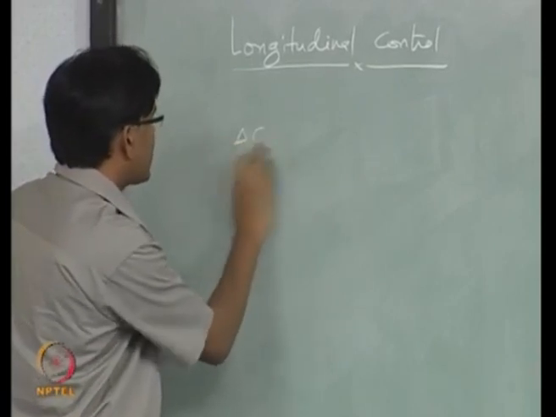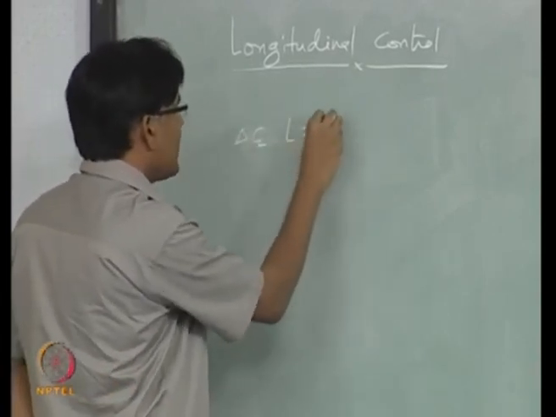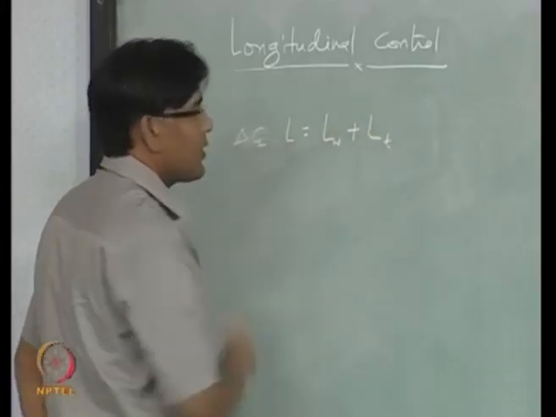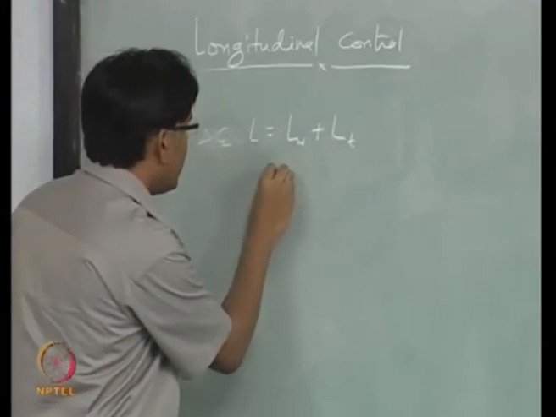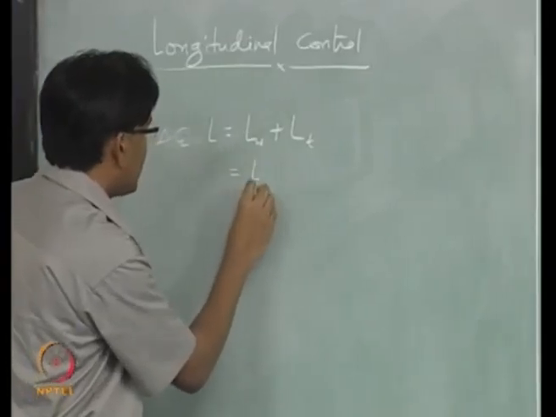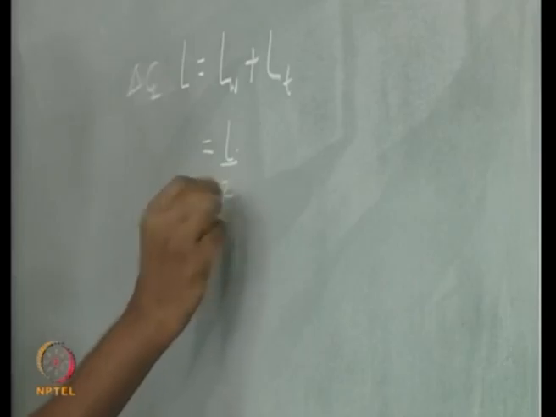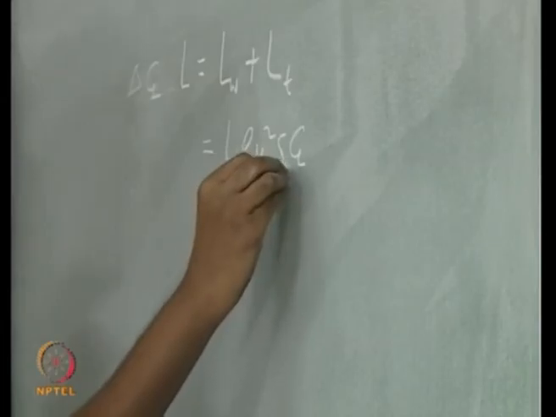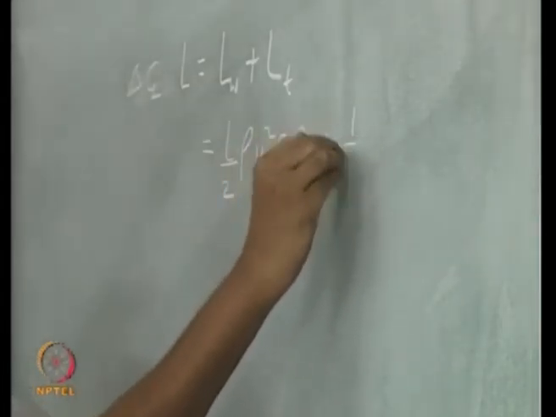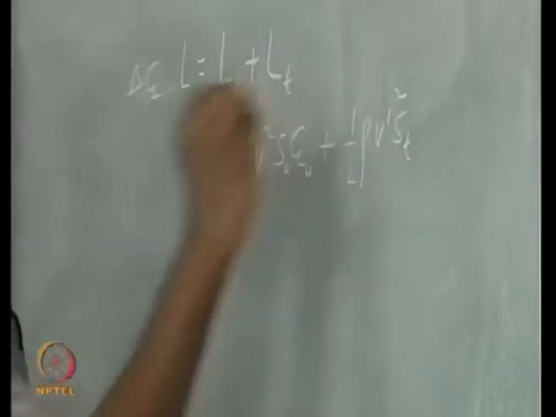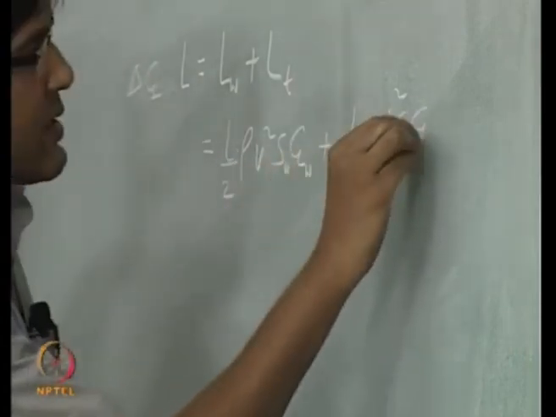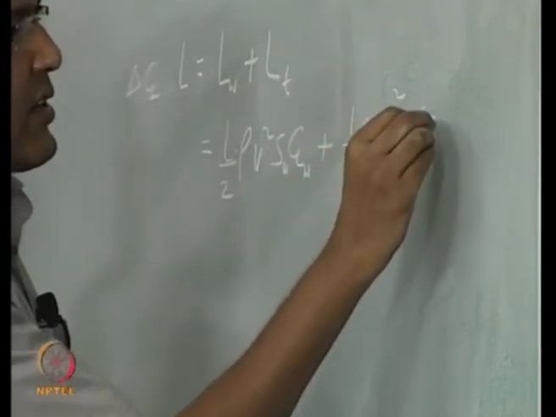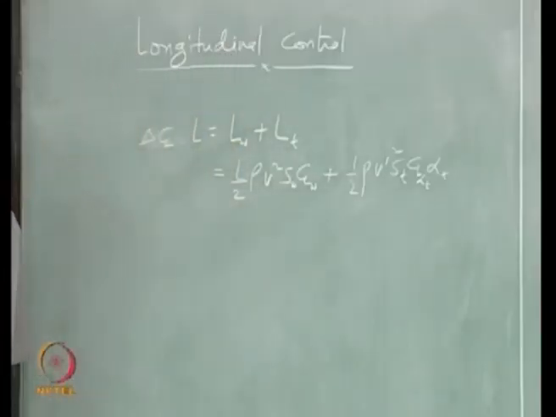So, through these terms, I can say delta CL due to elevator is going to be. So, let us write the expression for the total lift first, right, and this is half rho V squared S plus CL alpha tail into alpha tail, right.